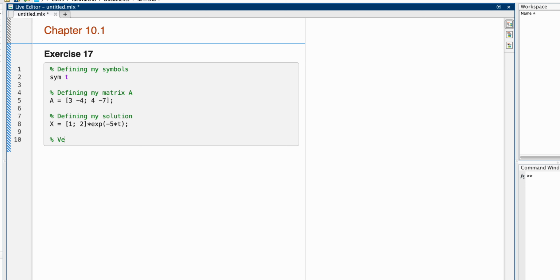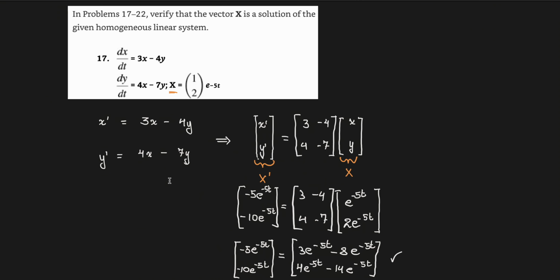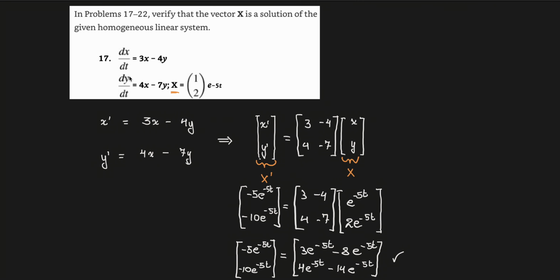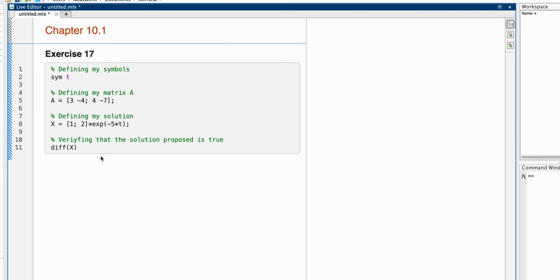And then I'm going to verify that the solution proposed is true. So we have to take the derivative of that solution because remember we had the derivative here, x prime. Then we set it equal, and you put the equal in MATLAB with a double equal.